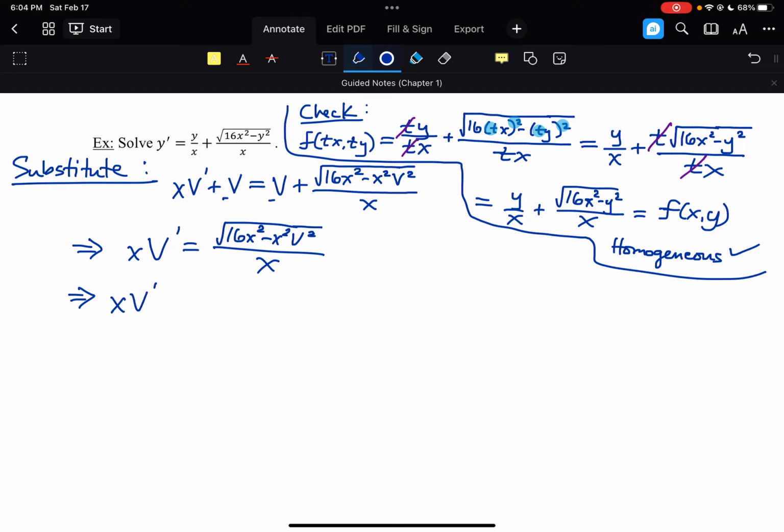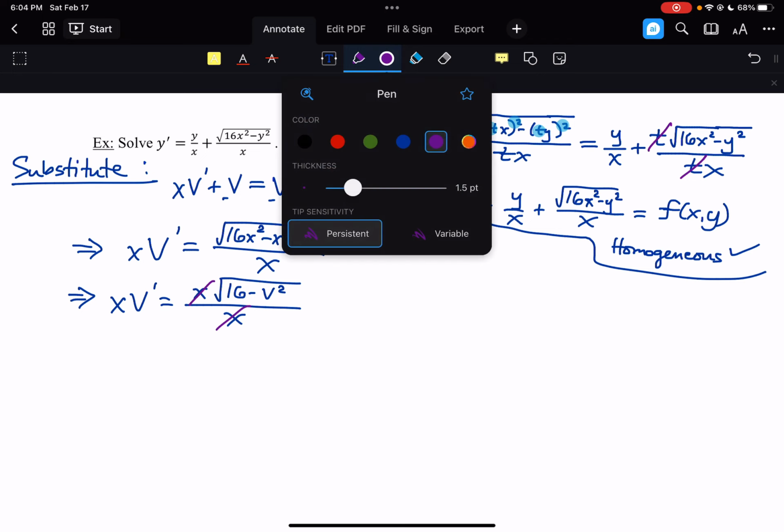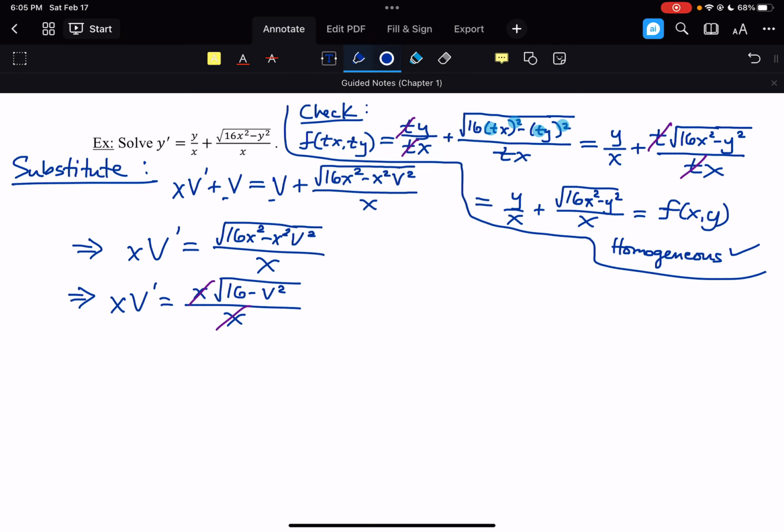So we're going to have xv prime equals x square root 16 minus v squared over x. Those will cancel. Now we're getting that look of a more separable differential equation. So let's turn v prime into the Leibniz form. So that's going to be dv dx equals square root of 16 minus v squared.